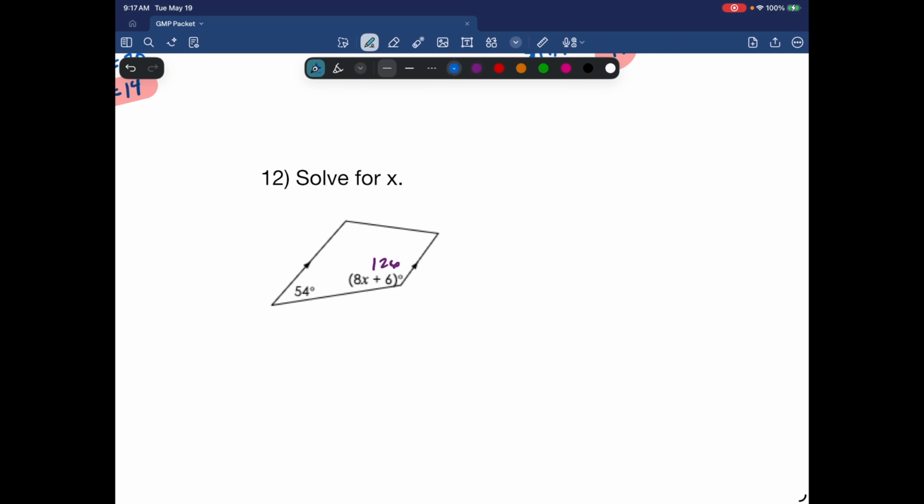So that means that angle right there is 126, so 8x plus 6 equals 126. 8x equals 120. X equals 15. So whether you add the 54 and set it equal to 180, or you find the individual angle and set it equal to that, it's just two different ways of working it. And you're going to have a mix of both as your students work it.